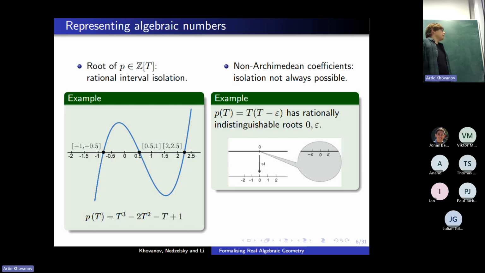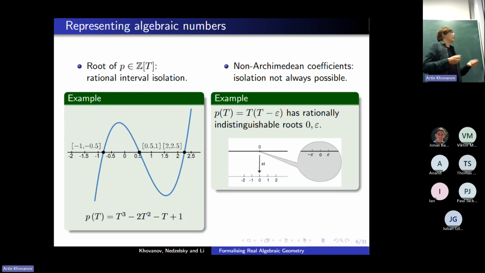This is called rational root isolation. And you can do computations where you add together numbers and multiply numbers by repeatedly refining these intervals and then adding the intervals or multiplying the endpoints, and so on.